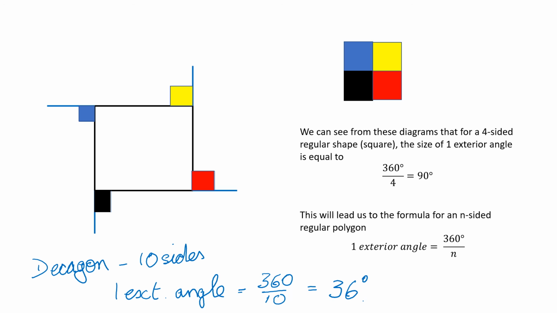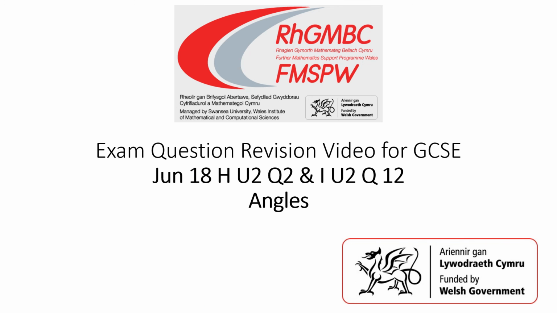So this is why I say to you, try not to get into focusing on the name of the shape, but how many sides on the shape. So that's what this question is specifically looking at, the exterior angles of polygons and bearings. So that's the question on angles.